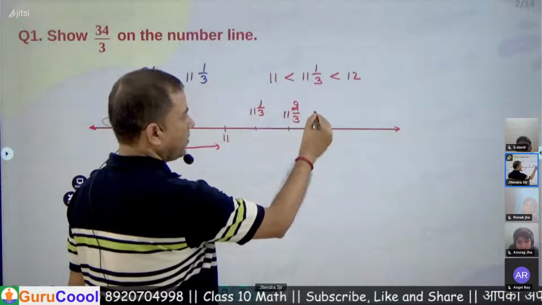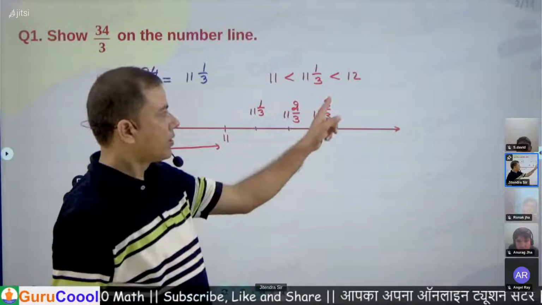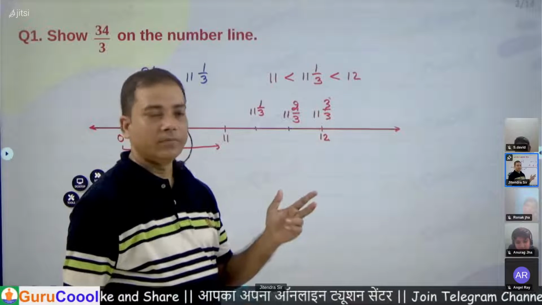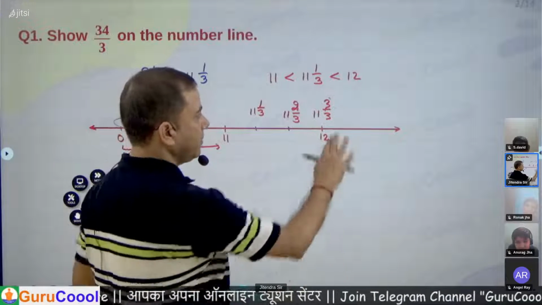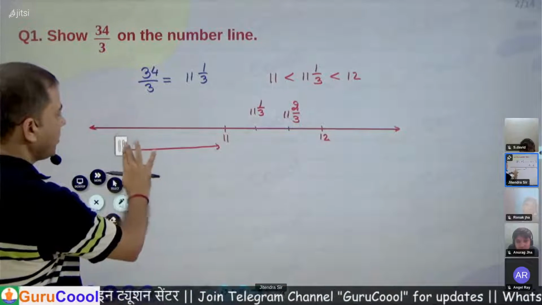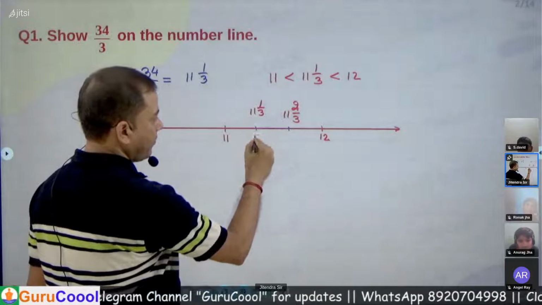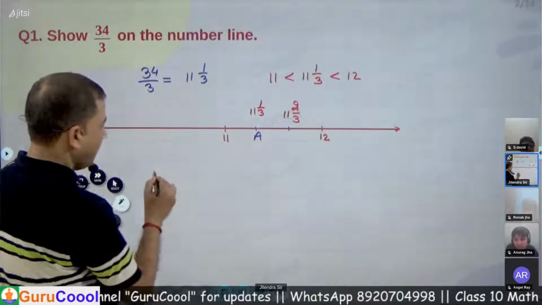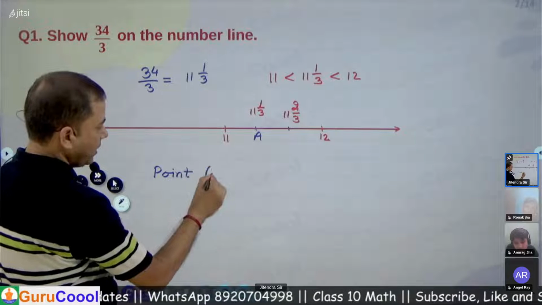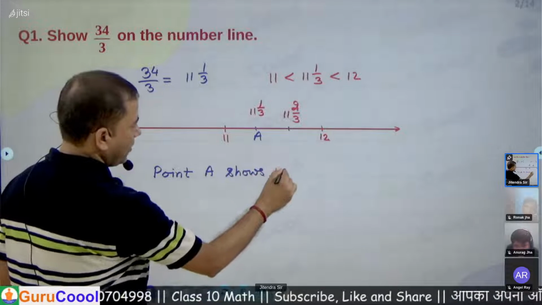And the third one represents 11 and 3 by 3, that means 12, because 3 by 3 means 1. So 11 and 1 means 12. No need to write it, it is already written here. Let's erase this. And our number is here. Let's write a letter A and mention here, point A shows 11 and 1 by 3.